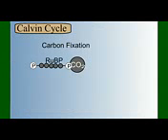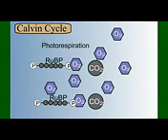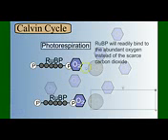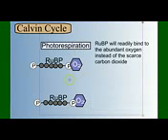In the Calvin cycle, RuBP picks up carbon dioxide, but in a different environment, where there's a lot of oxygen and not a lot of carbon dioxide, RuBP is not so picky. RuBP will combine just as readily with oxygen as it will with carbon dioxide. So instead of carbon fixation going on, we have a process called photorespiration. And photorespiration is when RuBP binds to the oxygen instead of the carbon dioxide.